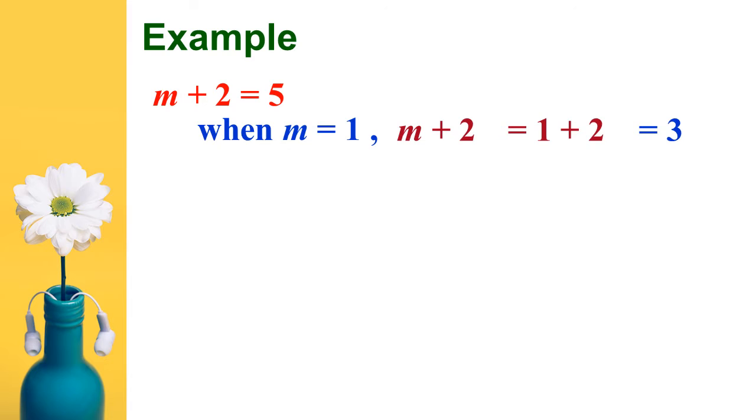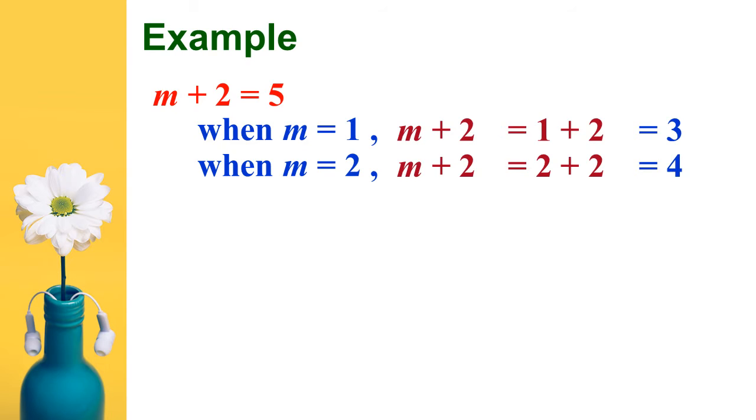So here the left hand side is not equal to the right hand side. Let us take another value of the variable. When m equal to 2, we substitute the values: 2 plus 2 we get 4.